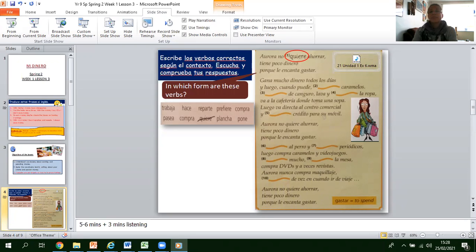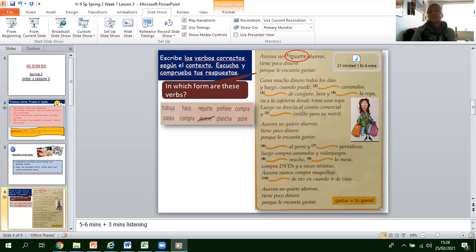Tiene poco dinero porque le encanta gastar. Gana mucho dinero todos los días. Y luego cuando puede, compra caramelos. Hace de canguro, lava y plancha la ropa. Va a la cafetería donde toma una sopa.